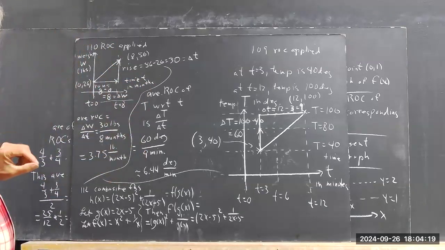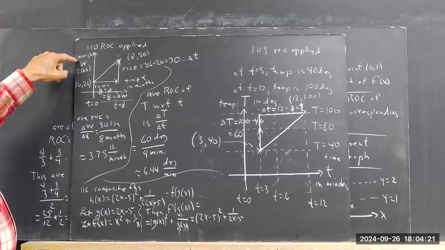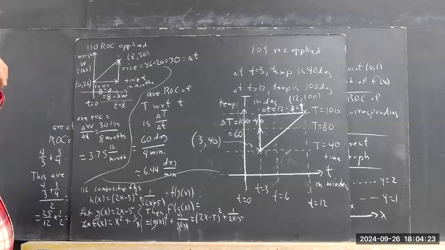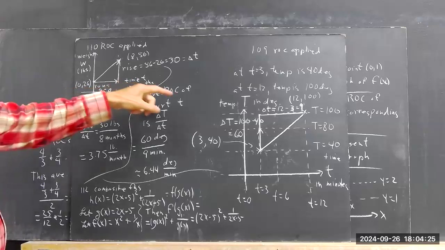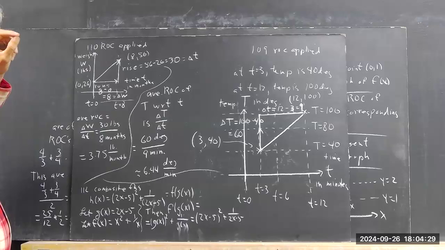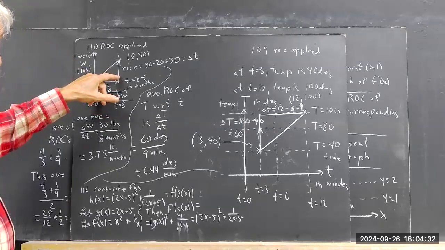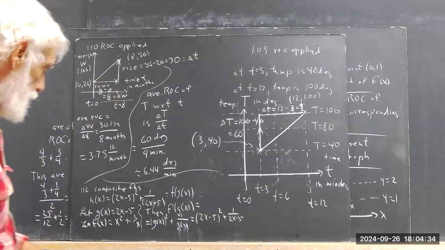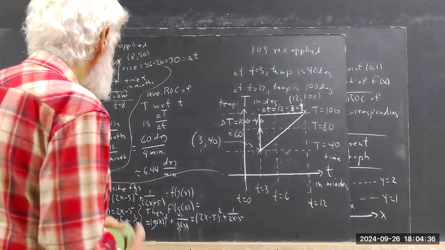Here's how it looks on the graph. I'm using W for weight, in pounds, and I'm using t for time, with time t in months, weight W in pounds. Okay, the rise is, oh, here's another mistake.